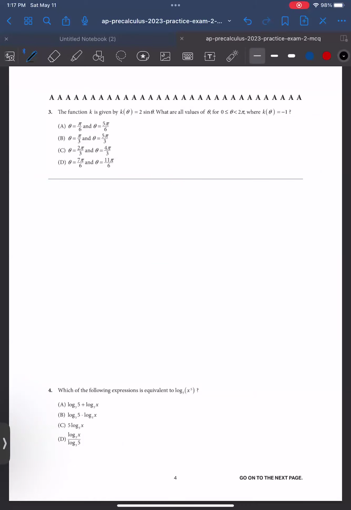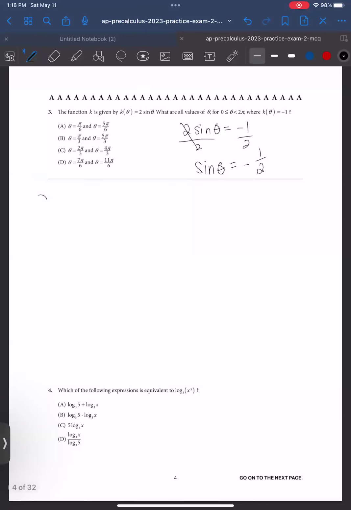So I'm going to say I need 2 sine of theta to equal -1, right? So if I solve for it, I have to divide by 2.